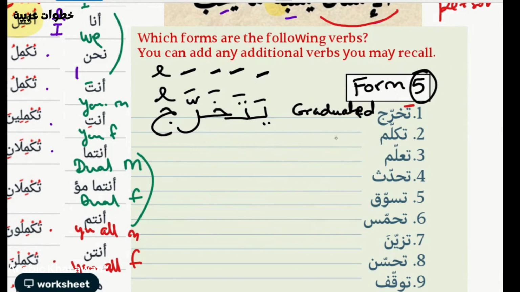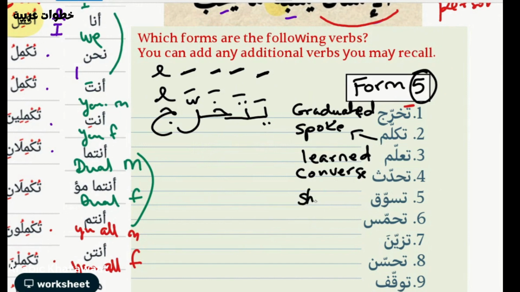So takallama, spoke. If I want to say yatakallamu, I follow the exact same short cases. Ta'allama, learned. Tahaddatha, as converse, conversation, hadith. Also tahaddatha, spoke.